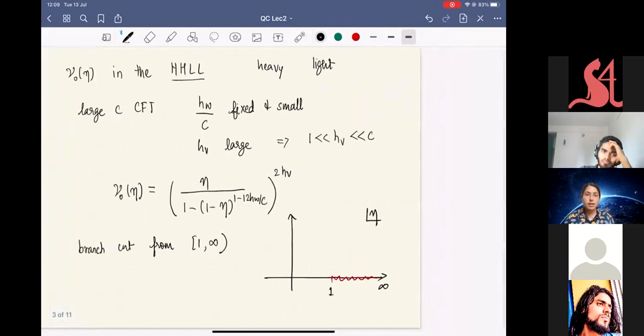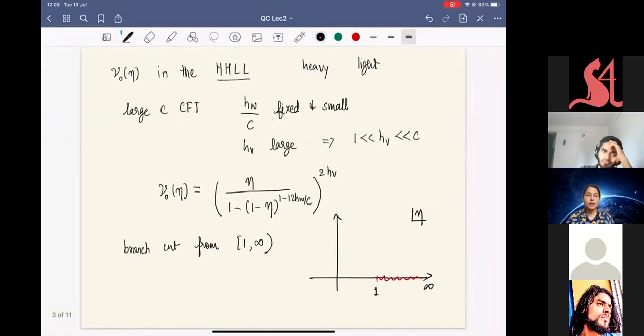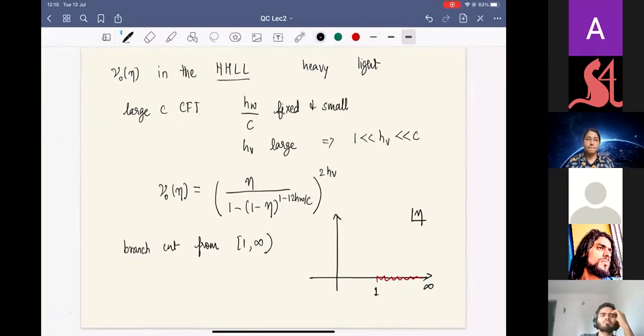Surbhi, Avik has a question. Yes, so here this HV over C, is it of the order of HW over C, or is it smaller? HV over C will be larger than HW over C, because HW is the lighter operator.